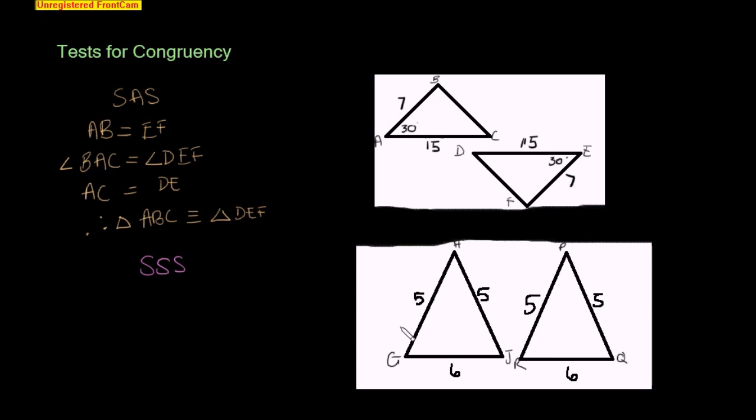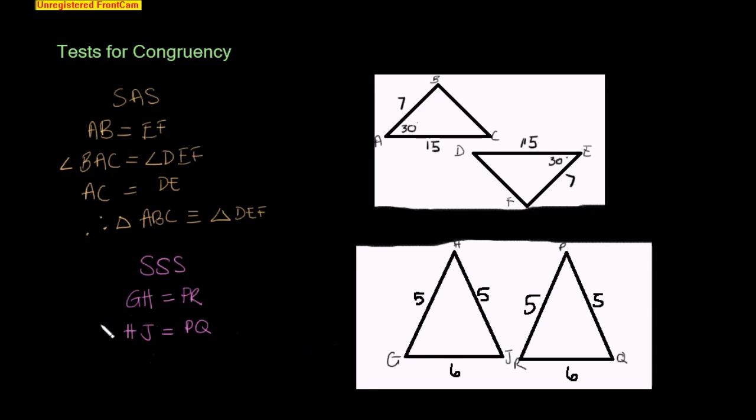So the first side here we've got GH, or HG. Try to go in alphabetical order. GH is equal to PR. The next one, HJ, is equal to the side length PQ.